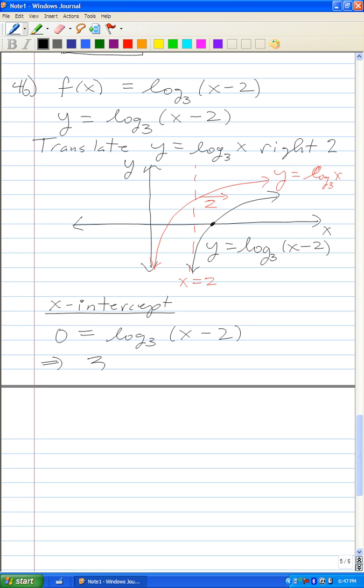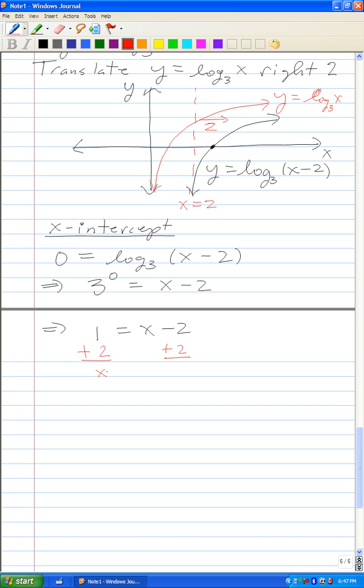The base is 3, the exponent is 0, and the result is x minus 2. 3 to the 0 is 1. Add 2 to both sides of your equation. And so x is equal to 3. So the x-intercept is at (3, 0).